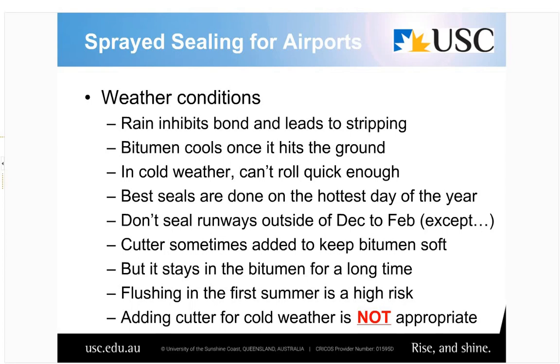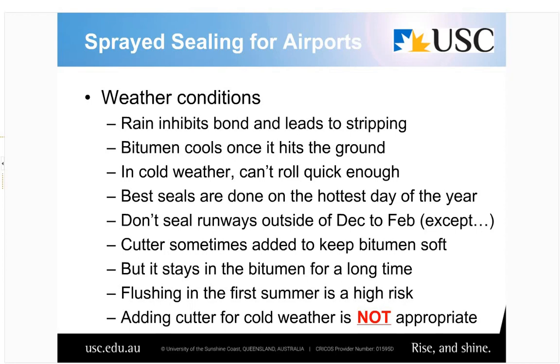That allows you to roll the stones in adequately in, let's say, May, and everything will then look okay because you've pushed those stones in until you get to December. And when December comes around and the temperatures heat the pavement back up, that cutter will reactivate and it will re-soften the bitumen, because the unfortunate reality is it doesn't disappear.